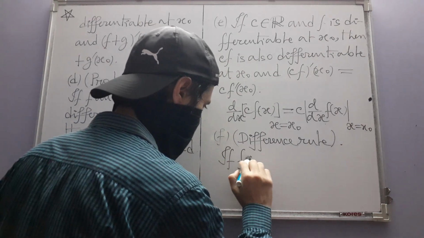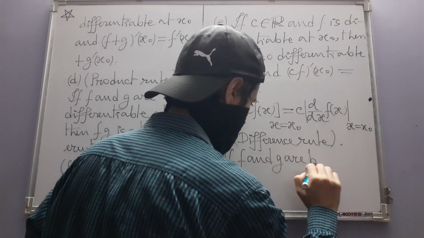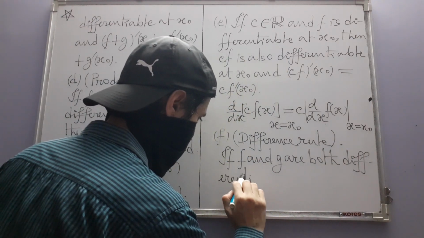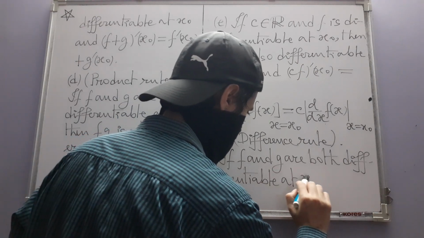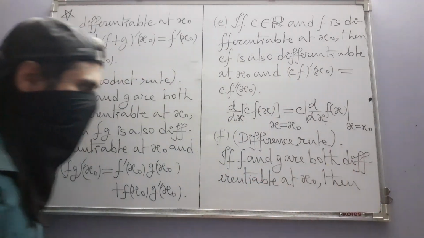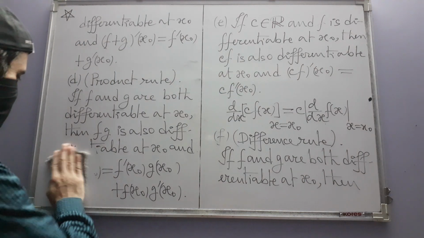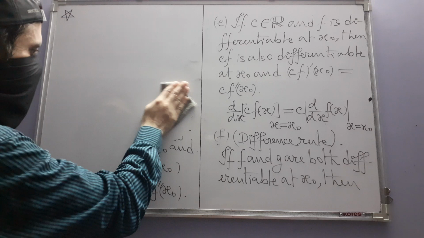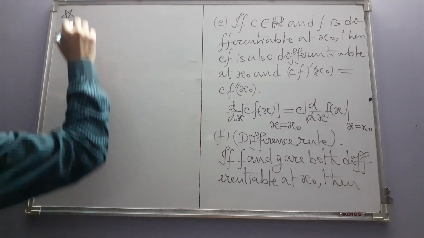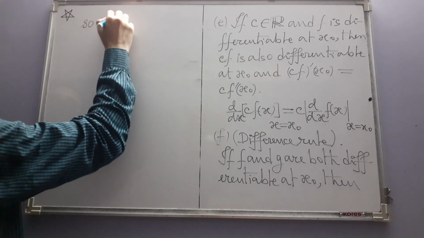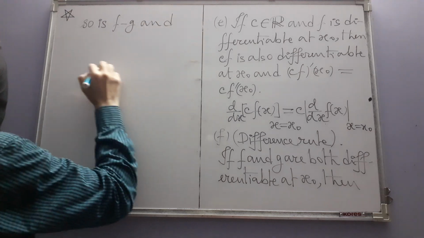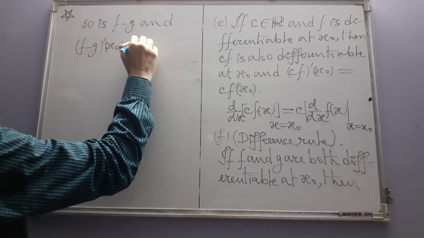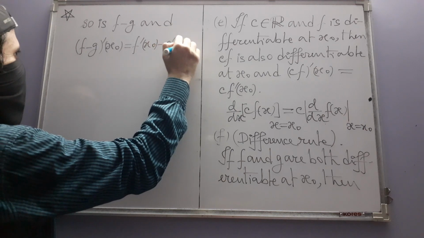If f and g are both differentiable at x naught, then so is f minus g, and the derivative of f minus g at x naught is the derivative of f at x naught minus the derivative of g at x naught.